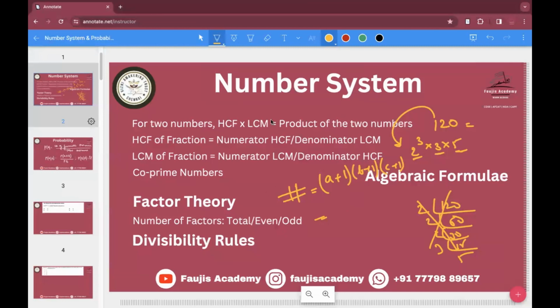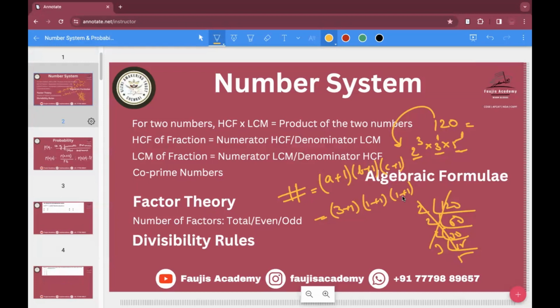Yes, absolutely 16. So it is 3 plus 1, then 1 plus 1 into 1 plus 1. Is there any power above the 3 and 5? Yes, there is 1. It's not 0. Had it been 0, the whole expression would have become different.